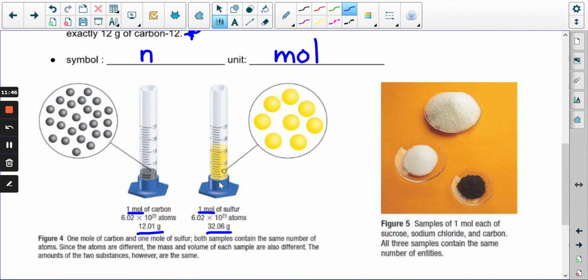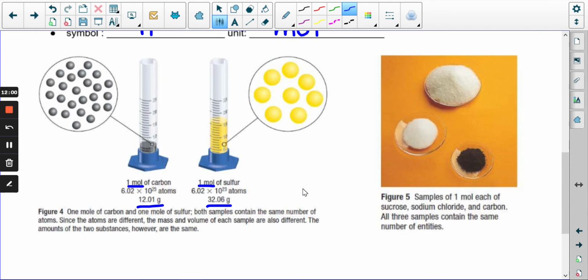Likewise, if I did the same thing with sulfur, I could take 1 mole of sulfur. That would weigh 0.06 grams. So this is a quantitative value, something that I am counting. Again, since the atoms are different, the volume and the mass they take up is different. However, using our method of the mole, we can still describe each of these things as 1 mole.